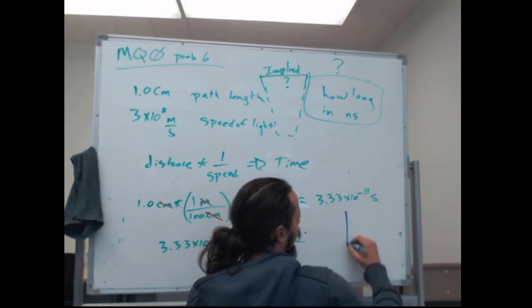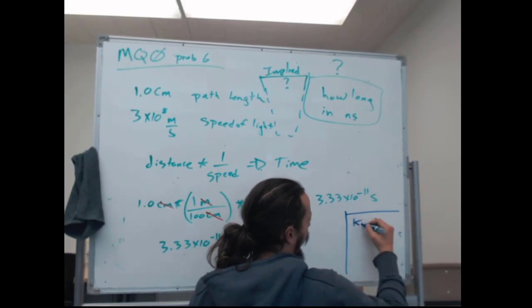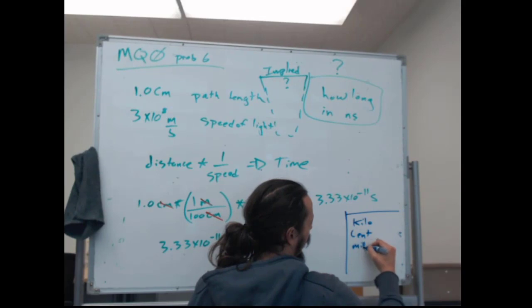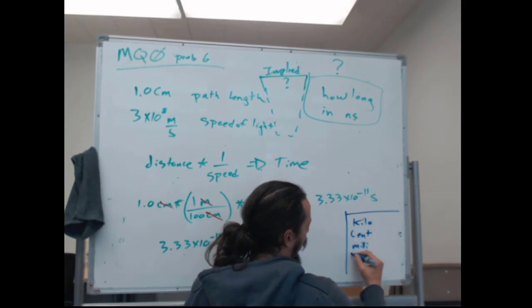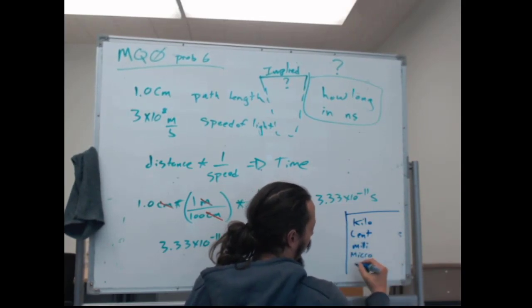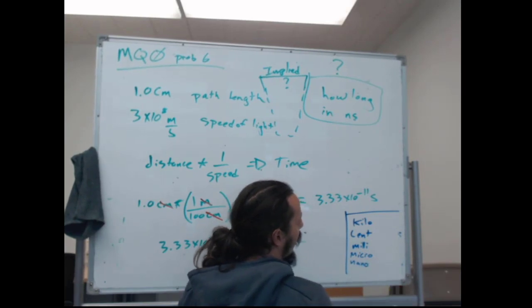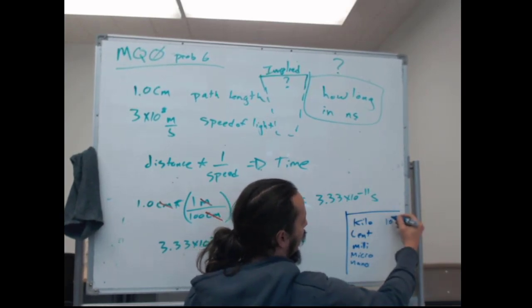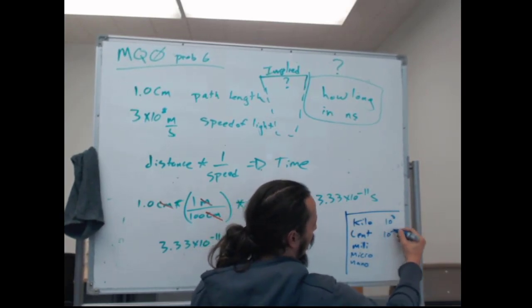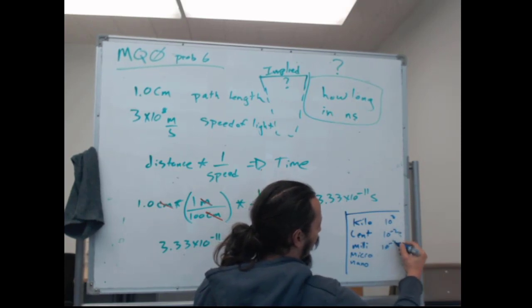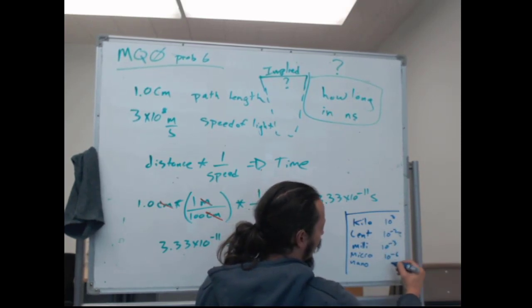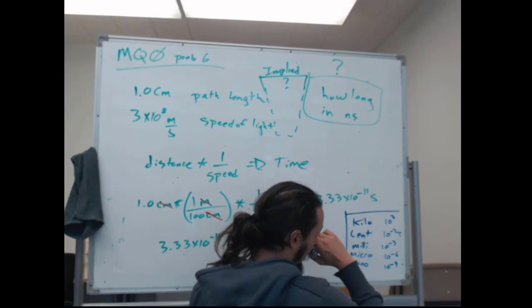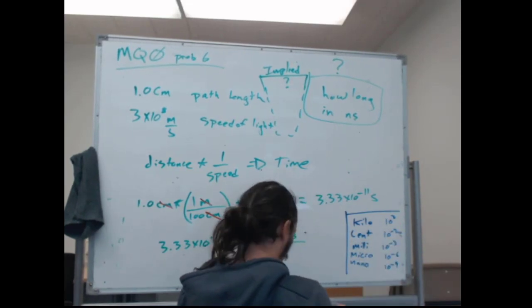They're talked about in the textbook, but in terms of ones we use in this class, it's the kilo, the centi, the milli. I think I put 2 L's instead of 1. Micro and nano. Kilo is on the scale of 10 to the 3rd, centi is 10 to the minus 2, milli is 10 to the minus 3, micro is 10 to the minus 6, and nano is 10 to the minus 9.